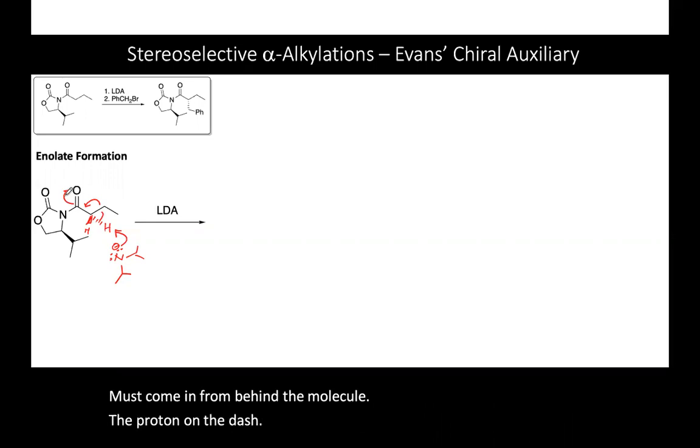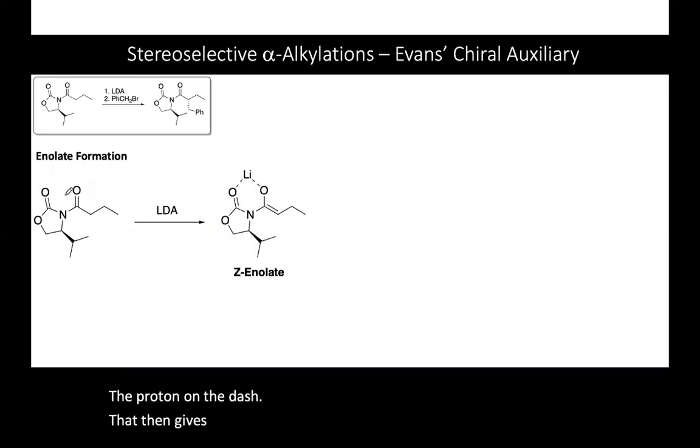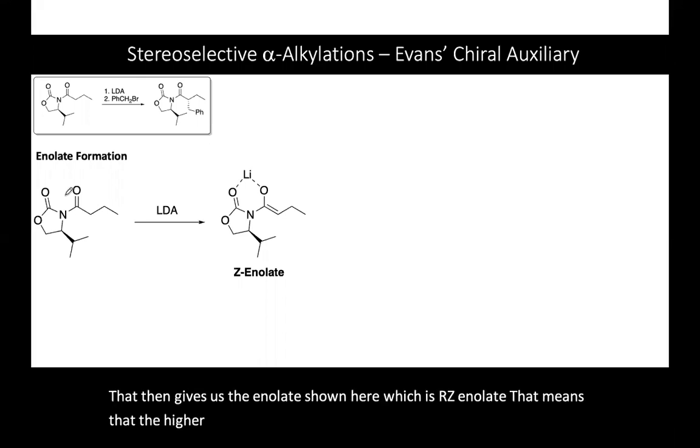That then gives us the enolate shown here, which is our Z enolate. That means that the higher priority oxygen group and the continuing alkyl chain are on the same side of the alkene.